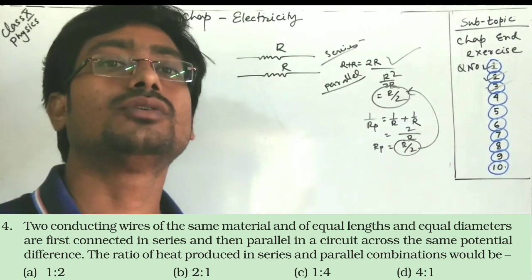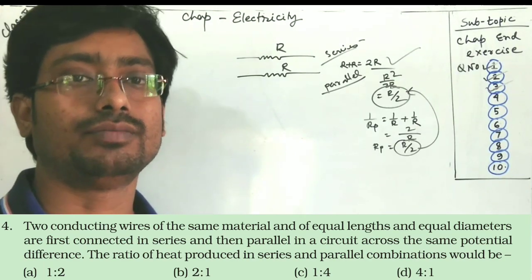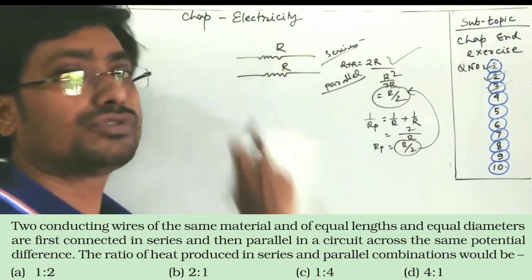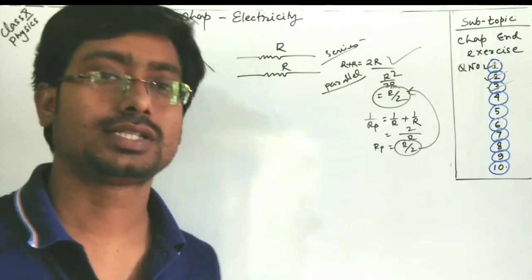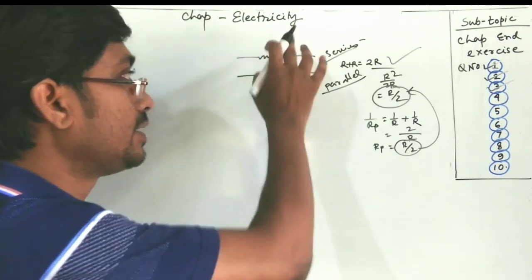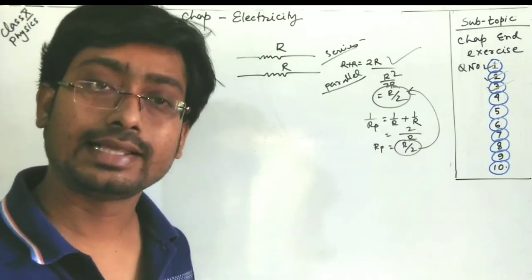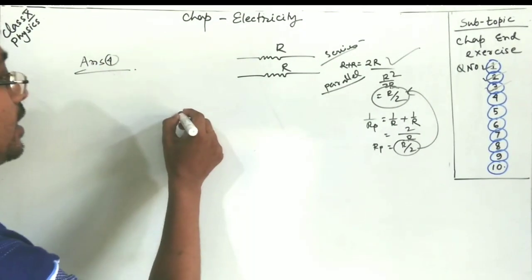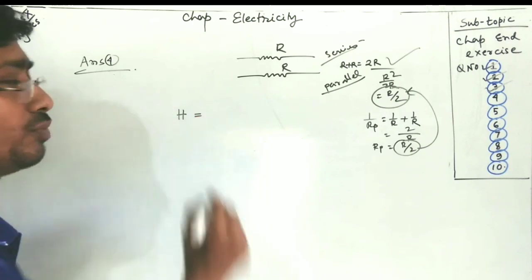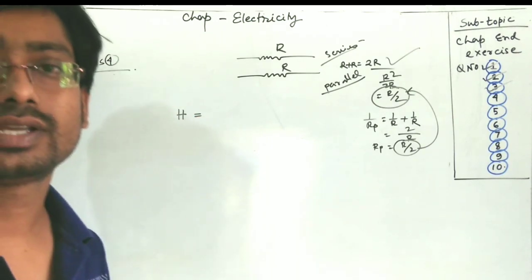But you have to find out the heat produced if current flows in these two resistors. The diameter is the same, the voltage difference is also the same, and the length is equal. So the formula for H has many forms: I square RT, V square by R into T, or VIT.